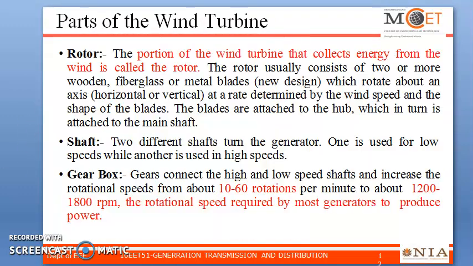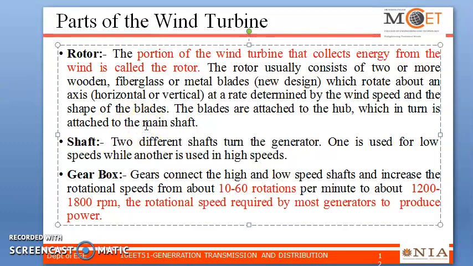Now, the parts of the wind turbine are the main thing. What are all the parts of a wind turbine? The major one is the rotor. What is meant by rotor? It is the portion of the wind turbine that collects energy from the wind. It is made up of metal blades and fiberglass. Next is the shaft.